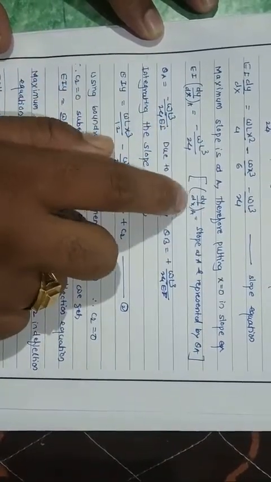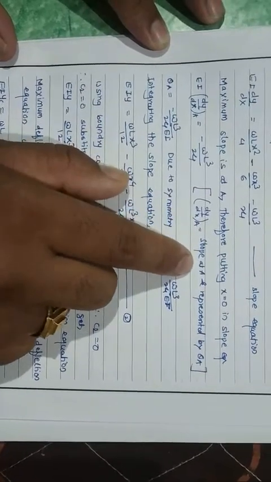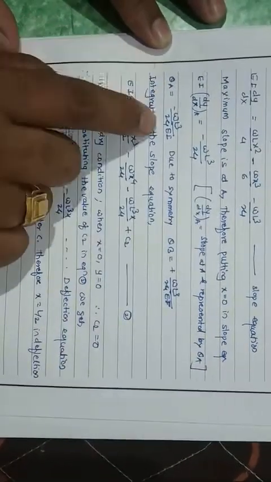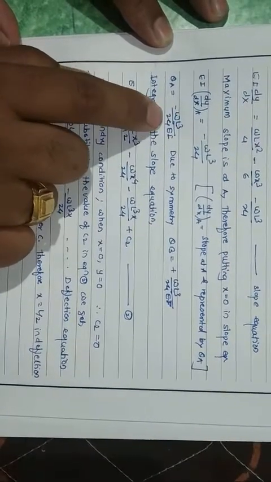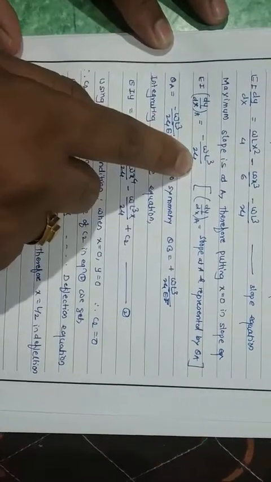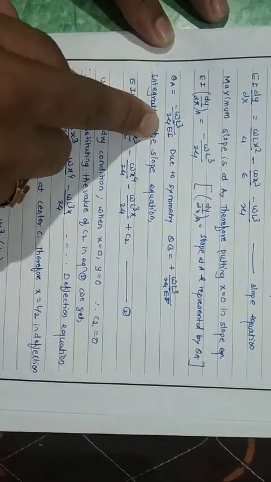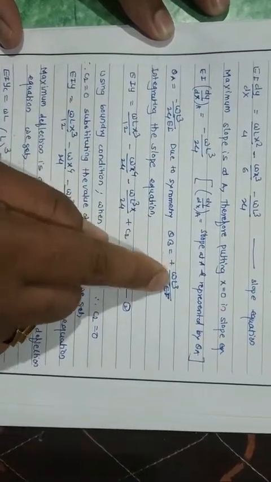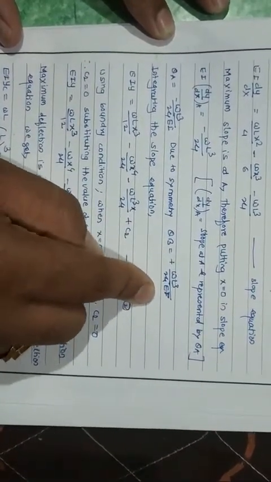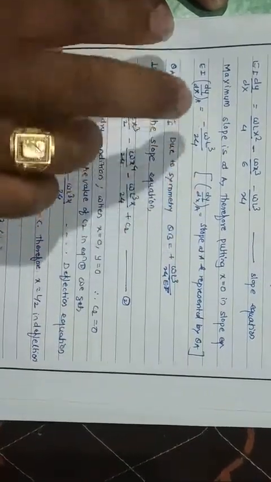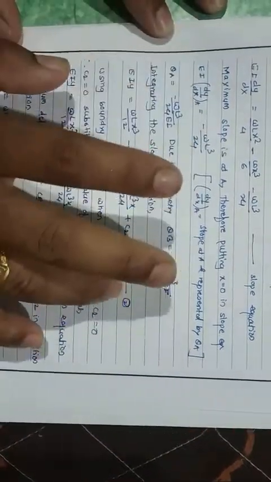This dy by dx at point A is the slope at A, represented by theta A. So theta A equals minus W L cube divided by 24 EI. Due to symmetry, theta B equals plus W L cube divided by 24 EI. Here the sign is minus, there the sign is plus. Due to symmetry, both values are the same, only the sign changes.